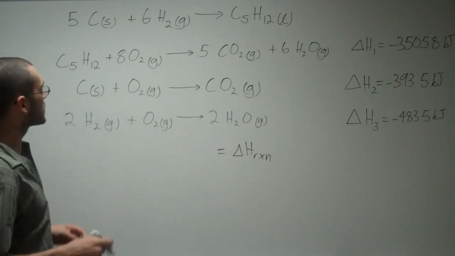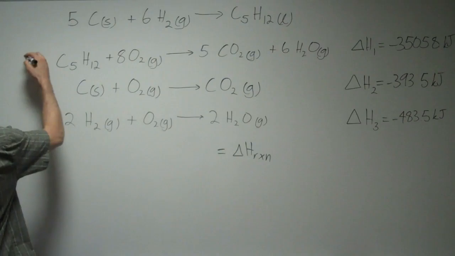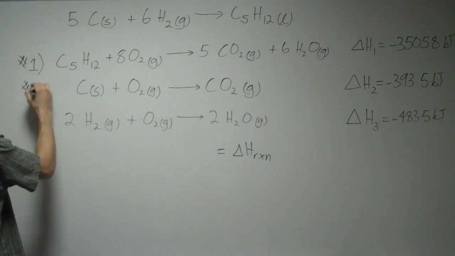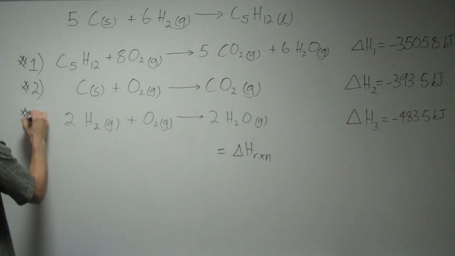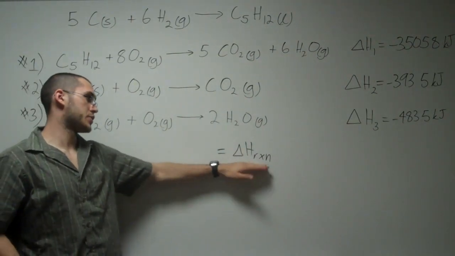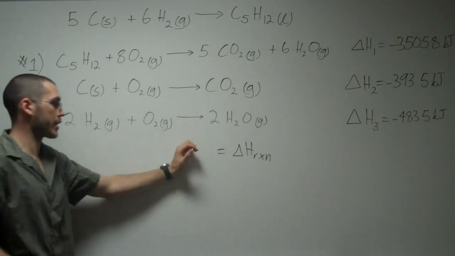Okay, easiest way to do this is to name these equations. I'll name them number 1, number 2, number 3. Down here, in order to find delta H reaction, I'm going to do things to number 1, number 2, number 3.